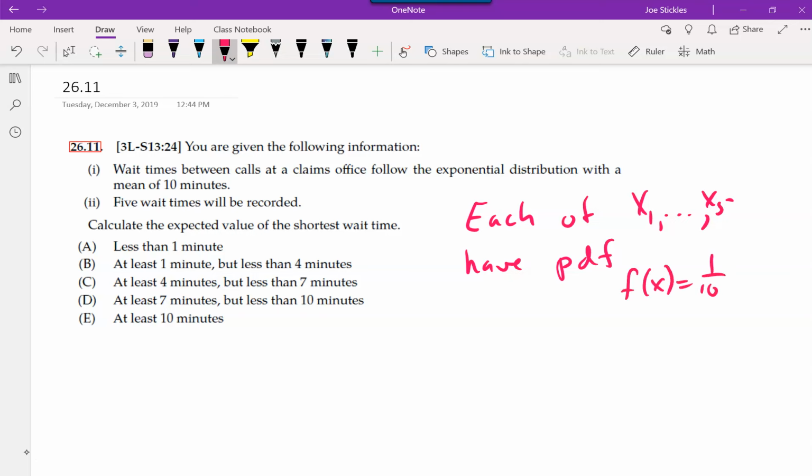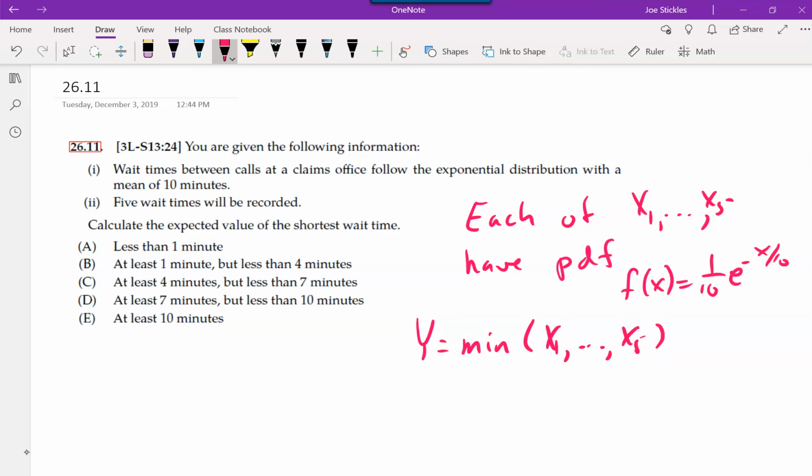Good. We agree? Cool. We want y as the minimum of the x1 out to the x5, right?